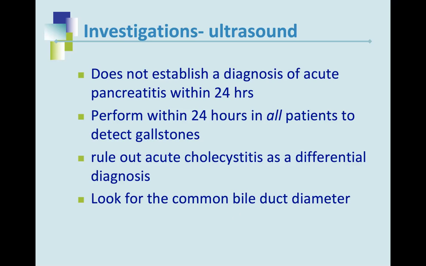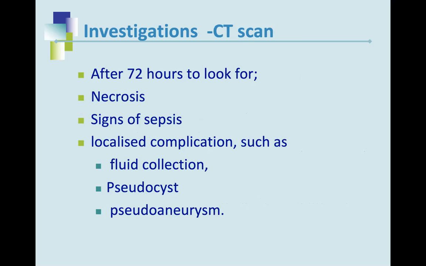But if the CBD is dilated, around 1 centimeter or more, it means that there is either some malignancy lower down or some stone causing dilatation, and then the whole thing we have just said, the activation of the enzymes, leads to pancreatitis.